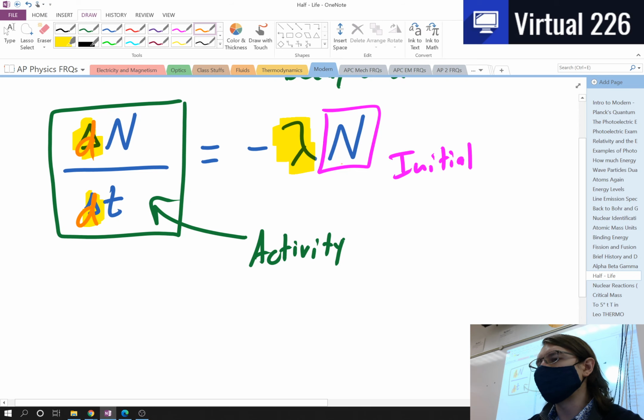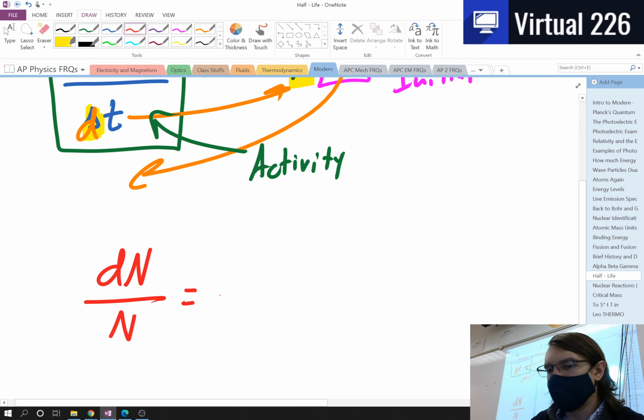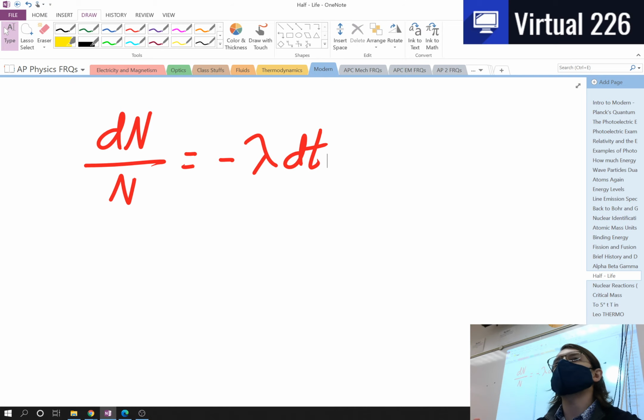Let's bring our initial quantity n down, and let's bring dt up, so that we get the following. Delta n, or as I'll simply write it, dn over n equals minus lambda delta t, which is some small change in time. That negative is there because we're losing particles. Some of these particles are decaying.